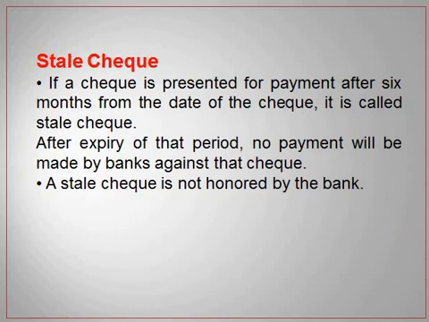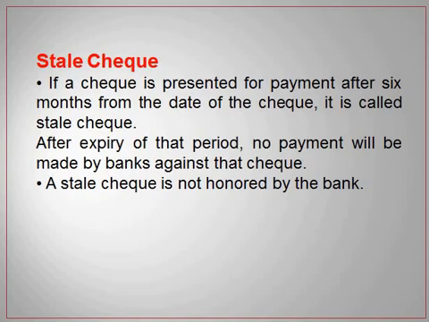Next is stale check. If a check is presented for payment after 6 months from the date of the check, it is called a stale check. So they are giving a 6 months duration. After expiry of that period, no payment will be made by the banks against that check. A stale check is not honored by the bank.